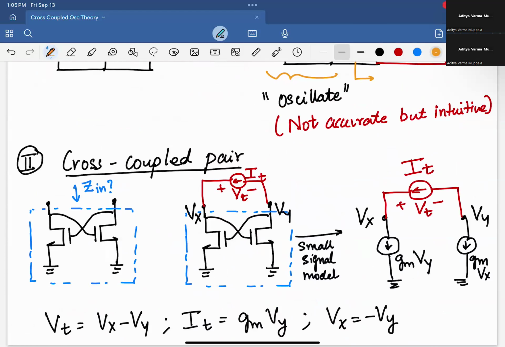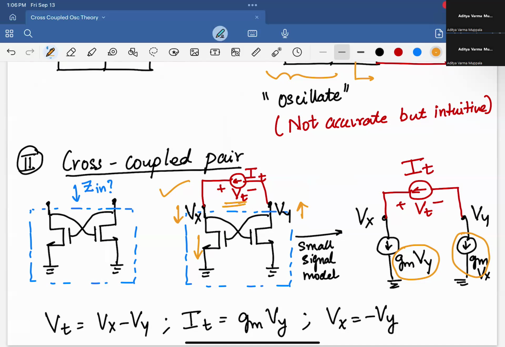So we can even look at this circuit, this one. When IT increases, we know that GmVy increases, which is the current through this, and GmVx should decrease, right? Because it's in the opposite direction. So that means that Vx decreases and Vy increases, which means that Vt decreases, right?